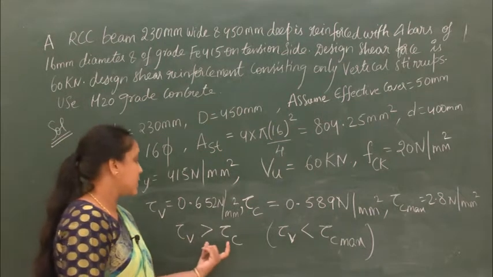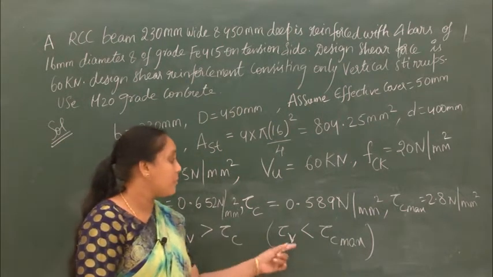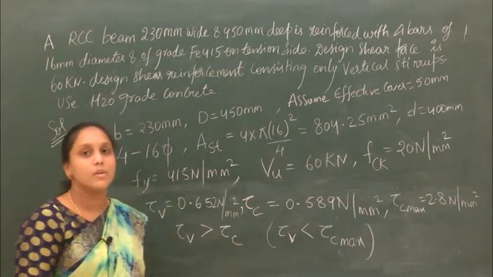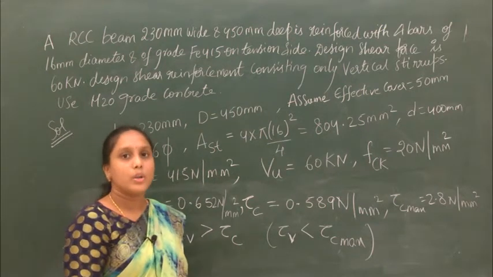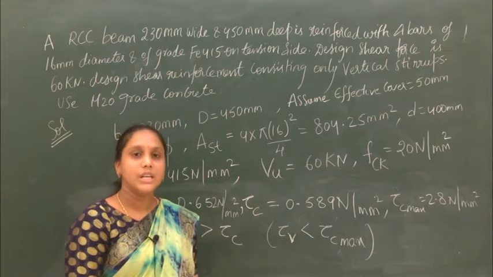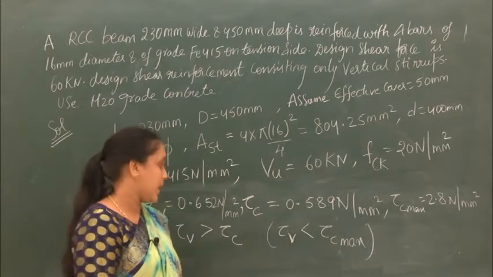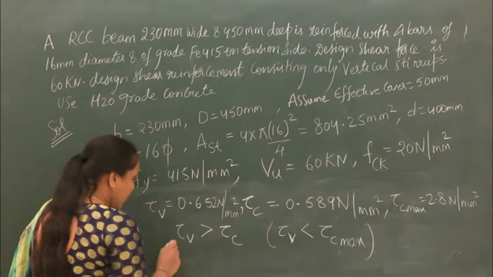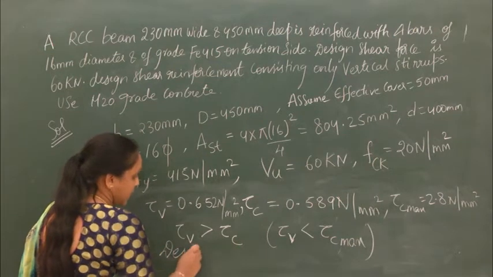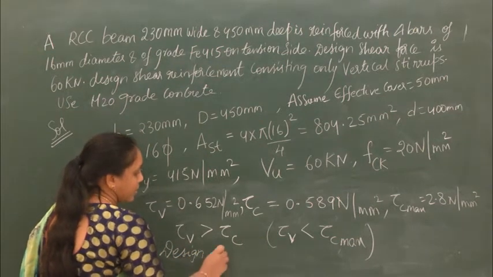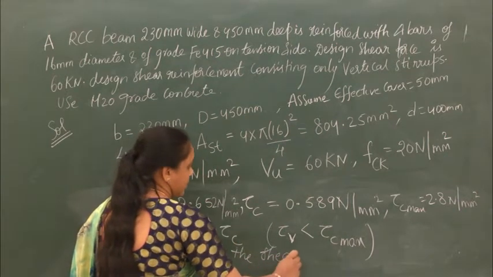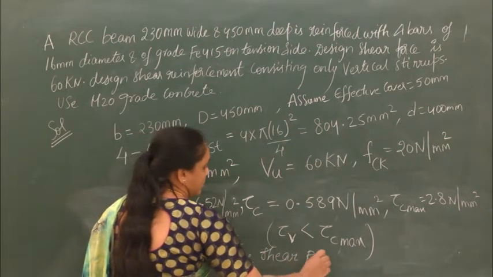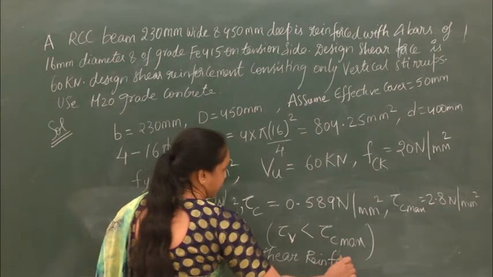So if tau v is greater than tau c and tau v is less than tau c max, then what you have to do is design for the shear reinforcement.